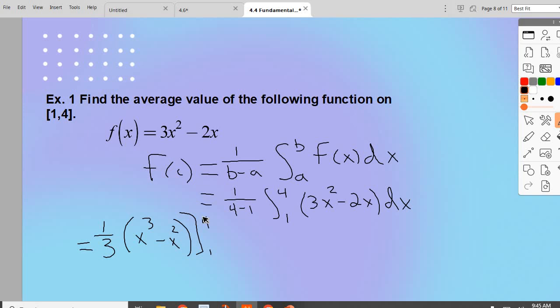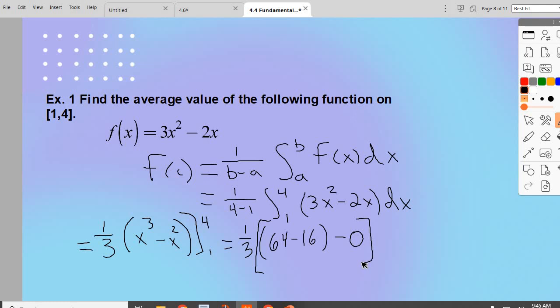Okay. So then what is 4 cubed? Minus 4 squared. 16. Okay. Minus, so I'm going to put a big bracket around my 1/3. 1 minus 1. Agreed? Okay.